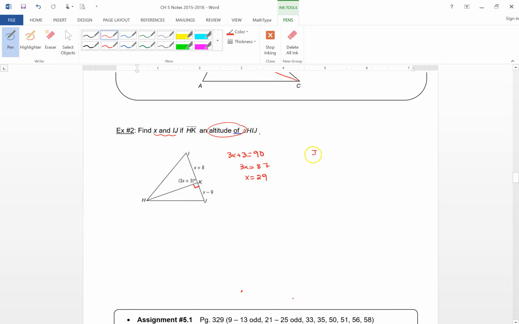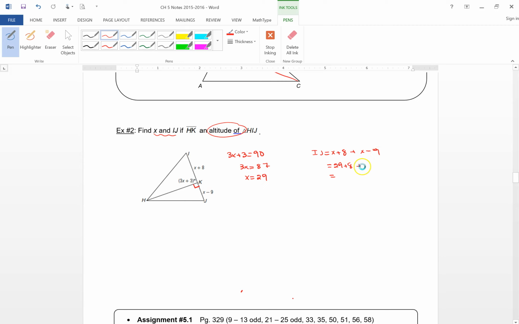IJ is x plus 8, which means it's 29 plus 8, which means it's... Oh, wait a minute. What's IJ? What's IJ equal to? It's x plus 8 plus x minus 9. I missed that part.